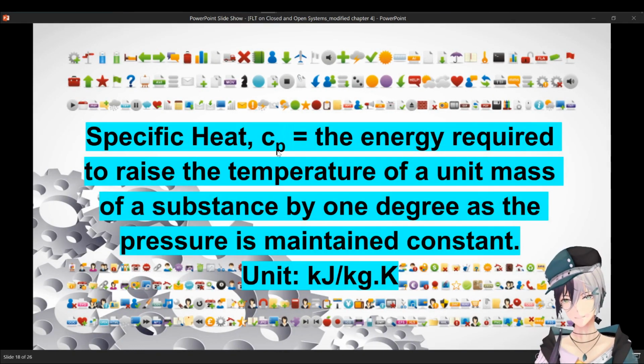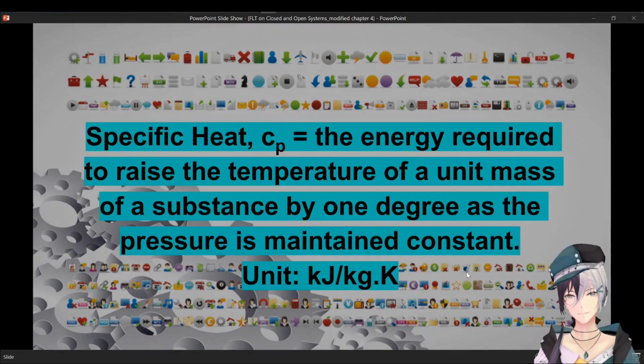Same thing for specific heat at constant pressure. Same definition, except that pressure is maintained to be constant.